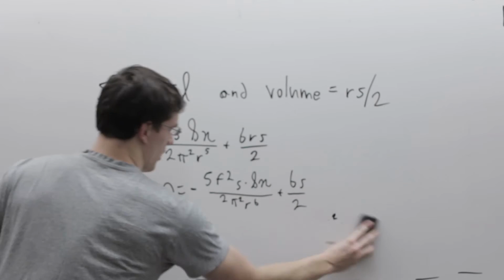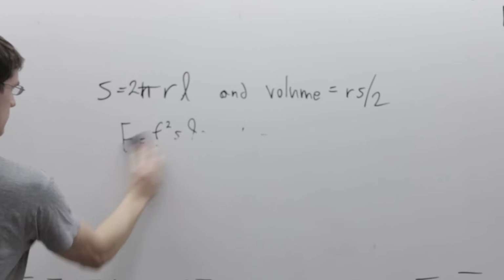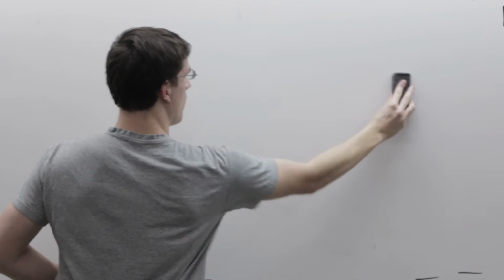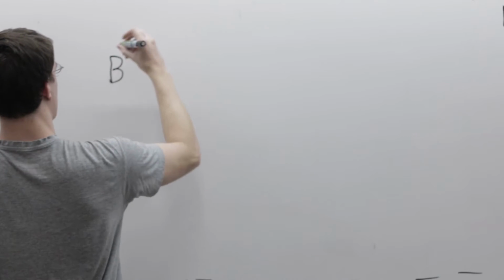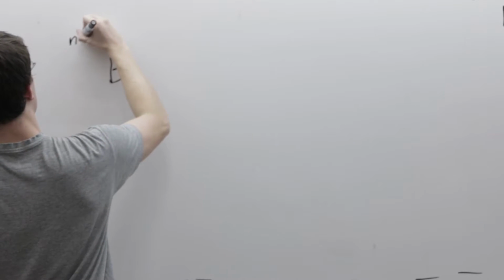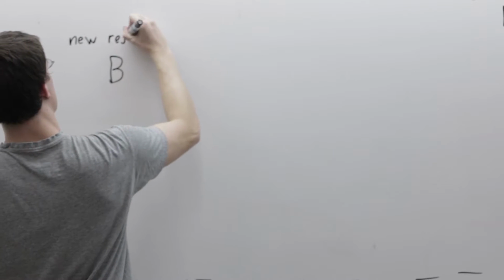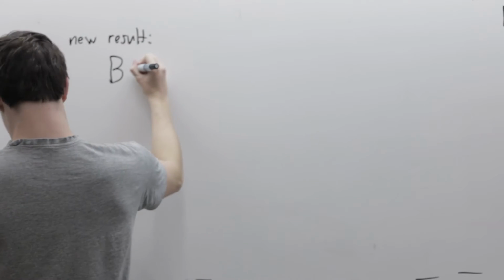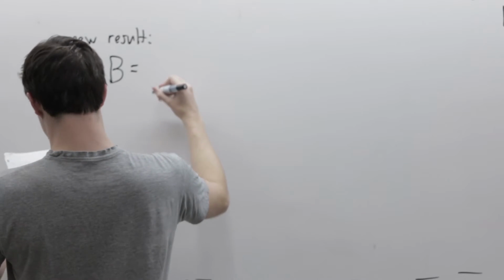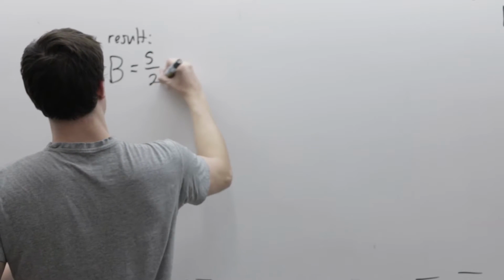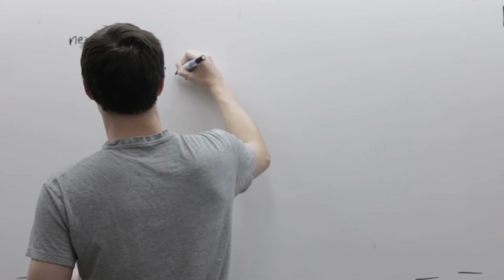Now, this new result gives us a value of b which is about 5/2 times our old result.